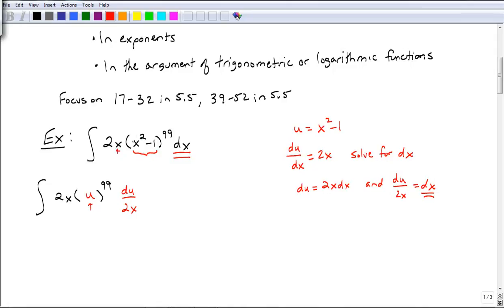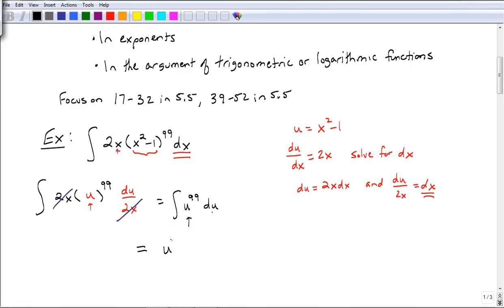And that's another reason that I knew the x squared minus 1 was my u, because the derivative of that, 2x, will help me cancel the other stuff. If you'll notice, the 2x here and the 2x here cancel, and this becomes the integral u to the 99th du. Well, this says the letter u is in my integral, and that's what's there, the letter u. So I can just find the integral without any problems. Now we can use the power rule.